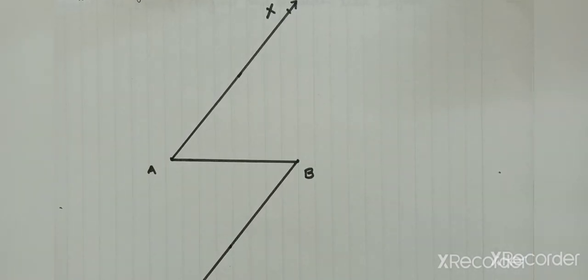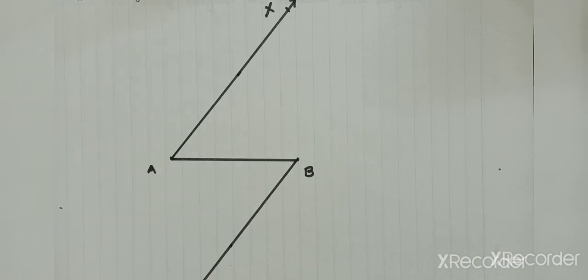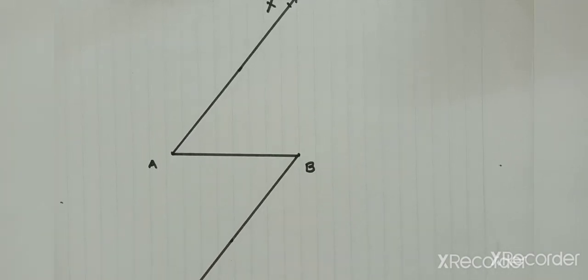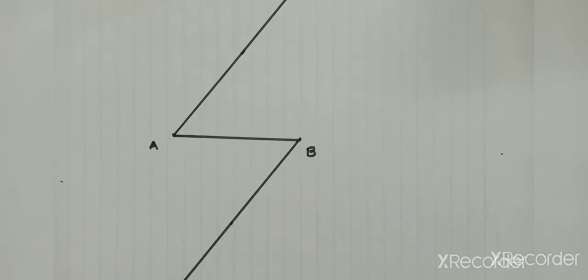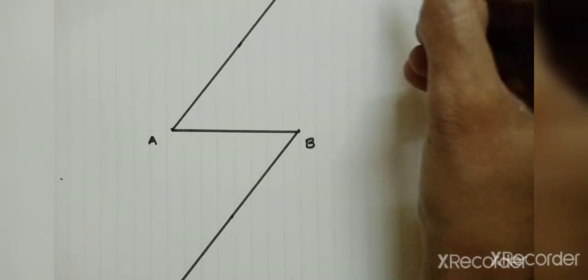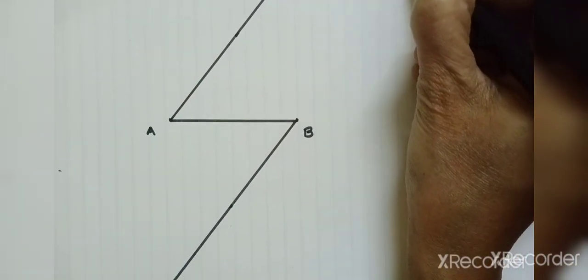Right, now you take some suitable distance in the compass. Okay, so we have to divide this line segment in the ratio 3:2.